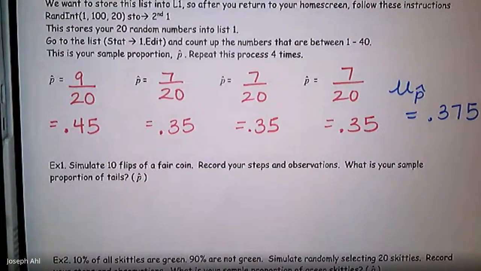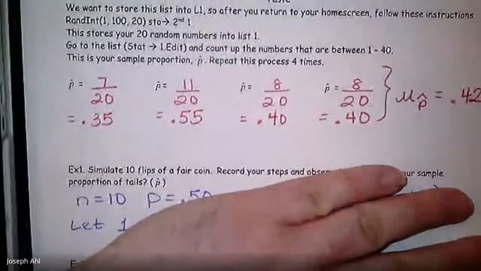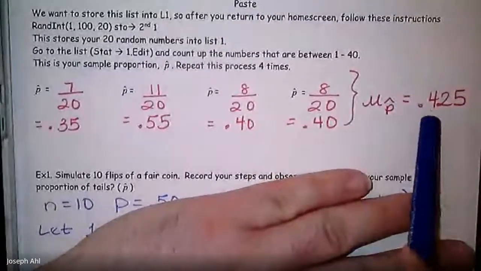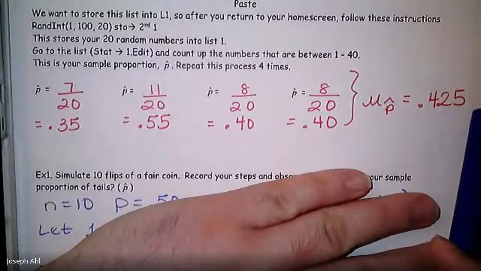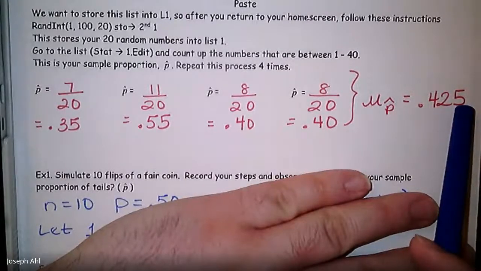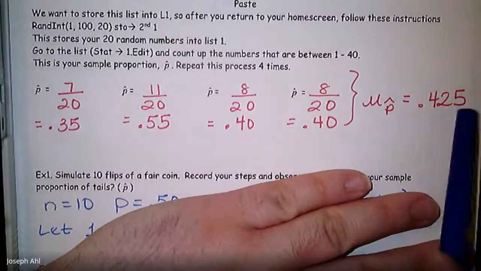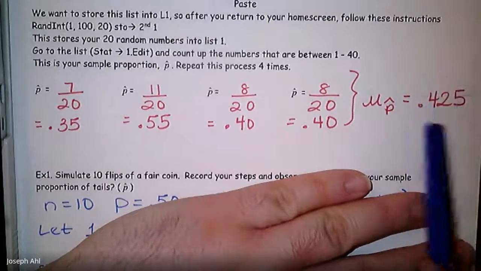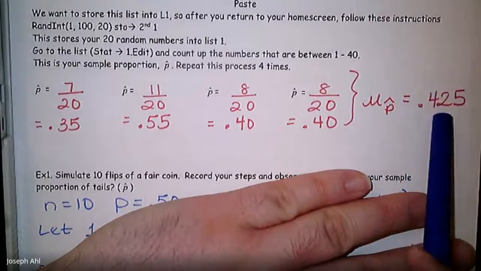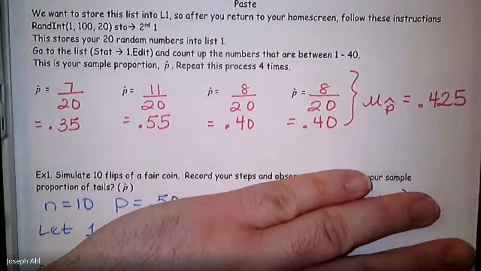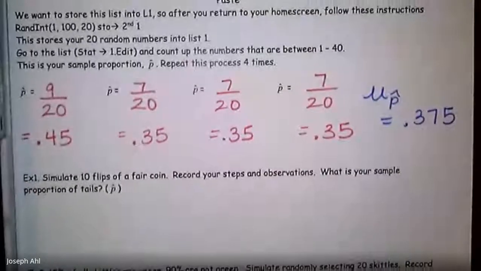I'll tell you that when I did it before coming to this meet today, I got 0.425 was my average of my p-hat, so just a little bit over that. So you can see that if I actually take the average of my sample proportions here and I combine it with the 4 trials over there, I'm going to get really, really close to that 0.4, right? So hopefully that all makes sense.